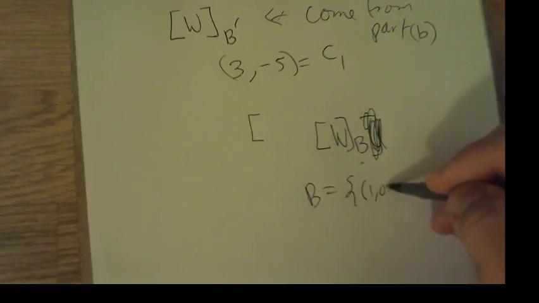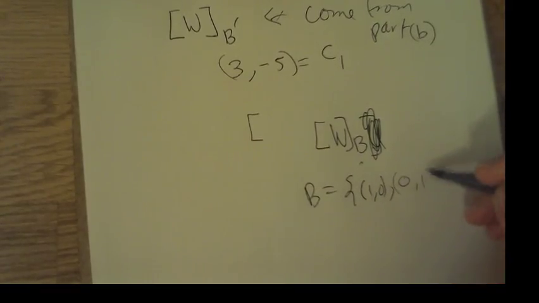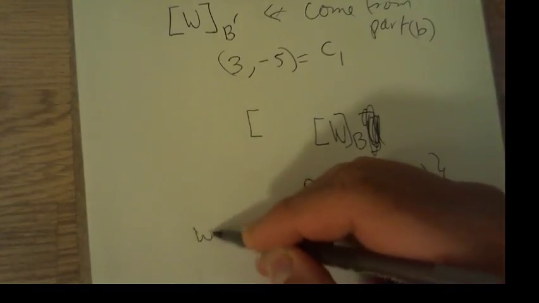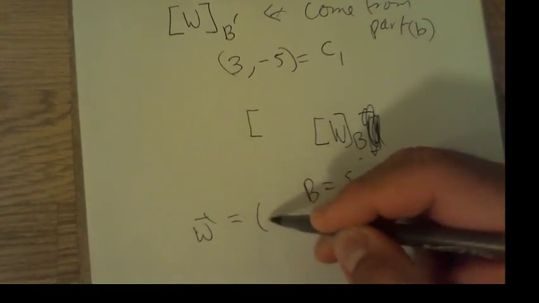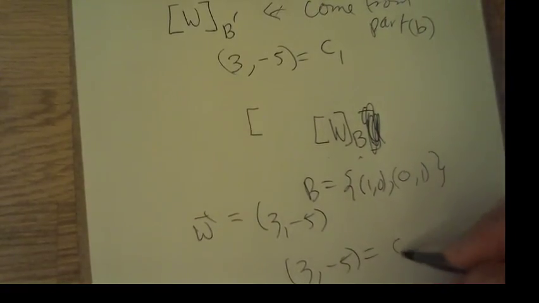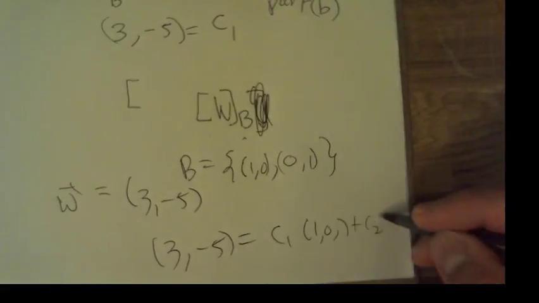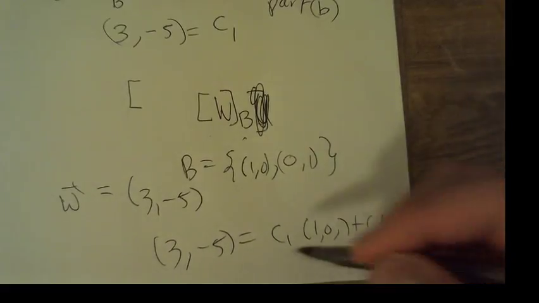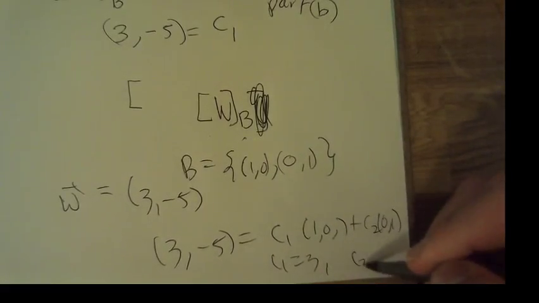We could just say 1, 0, 0, 1. Right, then we could say, if W is the vector 3, -5, we could just do it this way, where we set up a system of equations, right? And C1 is 3, C2 is -5 right away.